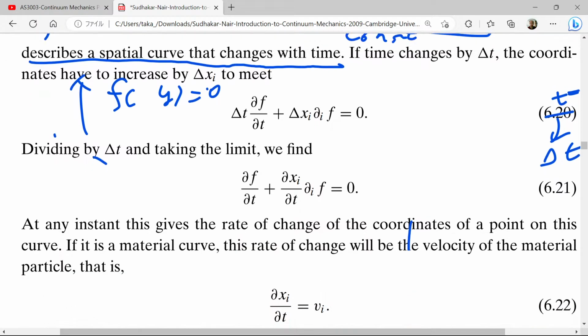Dividing by delta t and taking the limit, we have this. At any instance, this gives the rate of change of the coordinates of a point on this curve. If it is a material curve, this rate of change will be the velocity of the material particle.